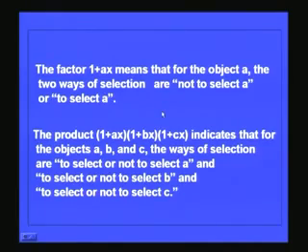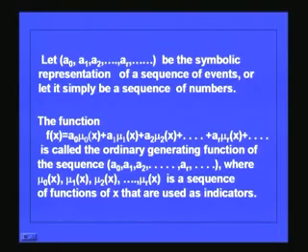In general, if you have a sequence A0, A1, A2, ..., AR, be the symbolic representation of a sequence of events, or let it be simply a sequence of numbers, then the function f(x) equal to A0 mu naught(x) plus A1 mu 1(x) plus A2 mu 2(x) plus and so on up to AR mu r(x) is called the ordinary generating function of the sequence A0, A1, A2, ..., AR, where mu naught(x), mu 1(x), mu 2(x), ..., mu r(x) is a sequence of functions of x that are used as indicators.